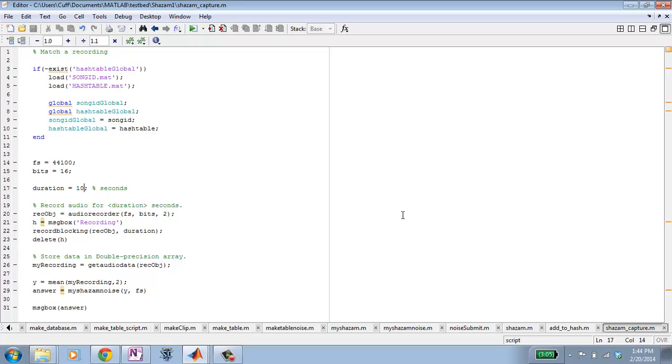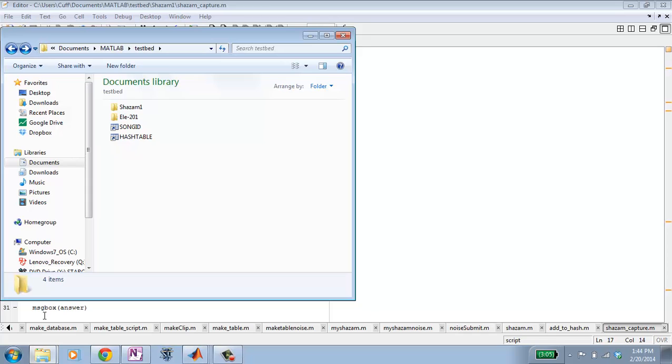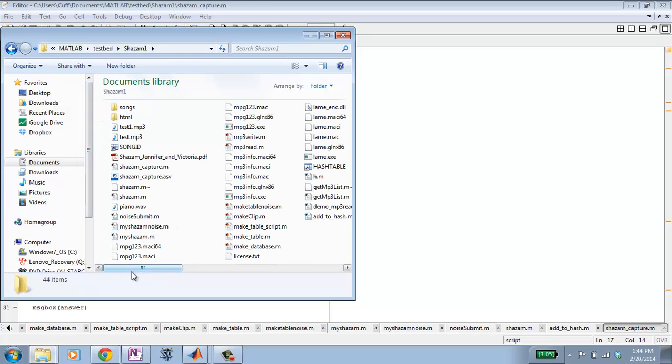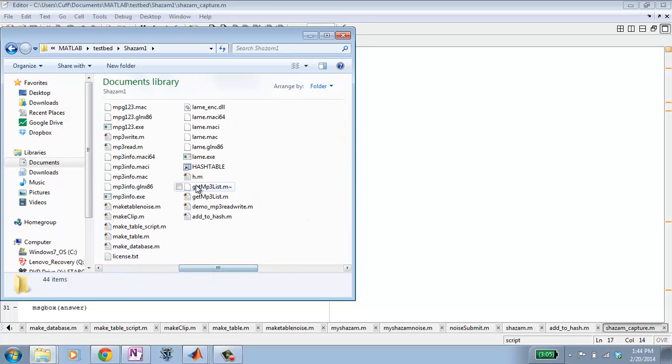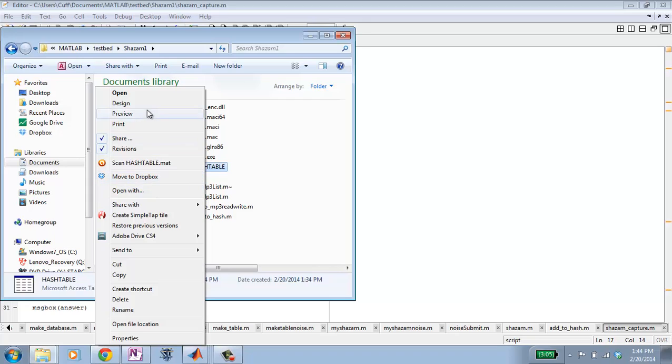Okay, so how does this work? Well, first of all, let me retrain it because while it's being trained, it pops up all these nice graphs, and I just want to point out the graphs to you. To retrain it, I just have to go in here and delete the 2 files that it creates when it trains.